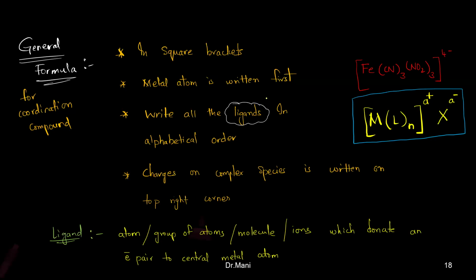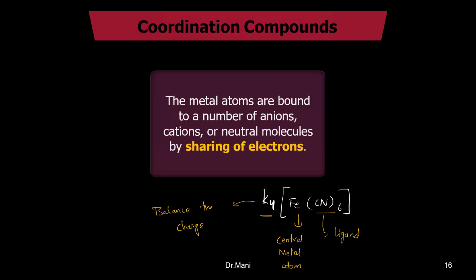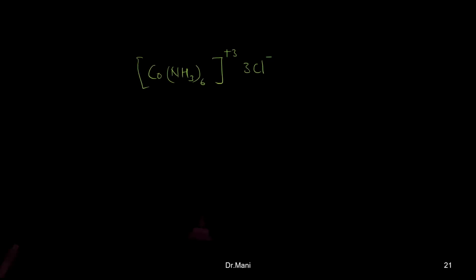Whatever is the first thing that we write is the central metal atom, and all the ligands come later. So what is the central metal atom here? Co, which is nothing but cobalt.